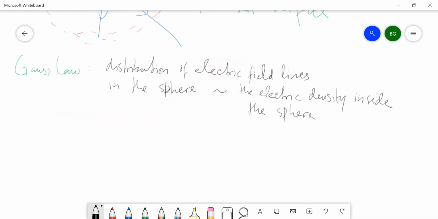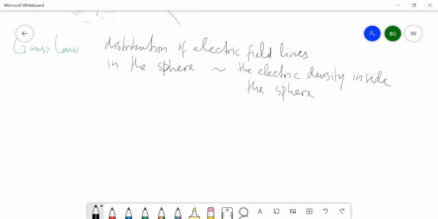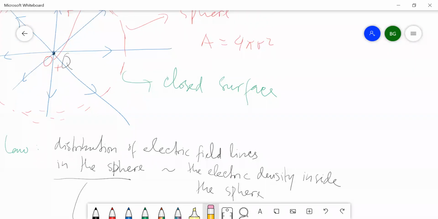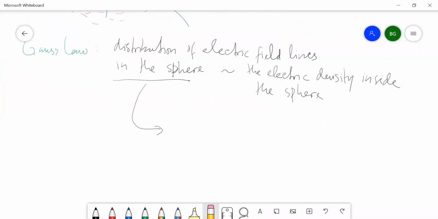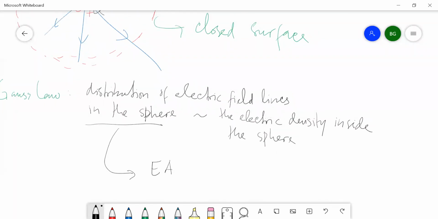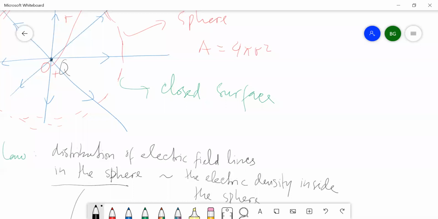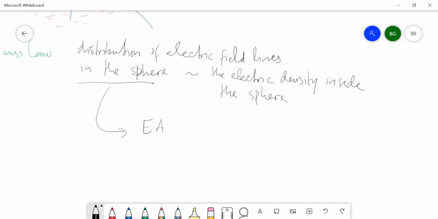Mathematically, we can say that this statement is related to, in our case, E times A, where A is the area of the sphere, equals Q enclosed.